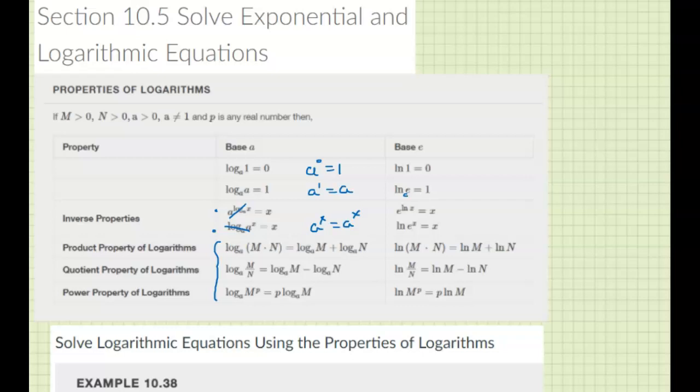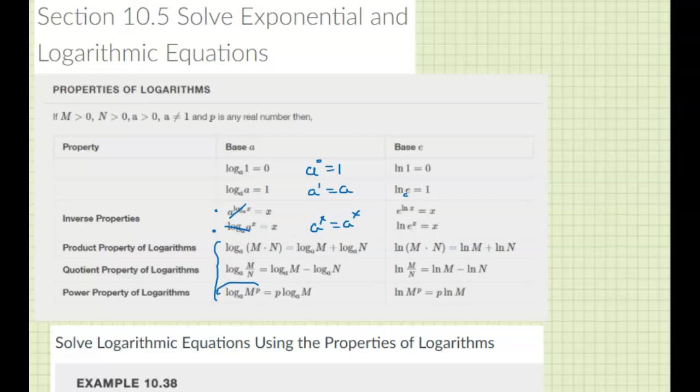If you take a log of a quotient, a division, log of m divided by n is log of m minus log of n. And if you take the log of something to a power, then the power comes in front. So that's p log of a to the m.